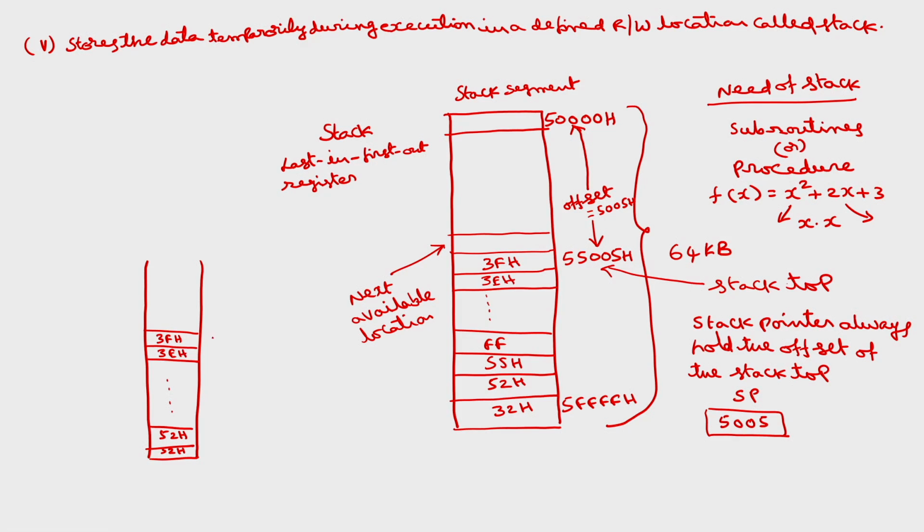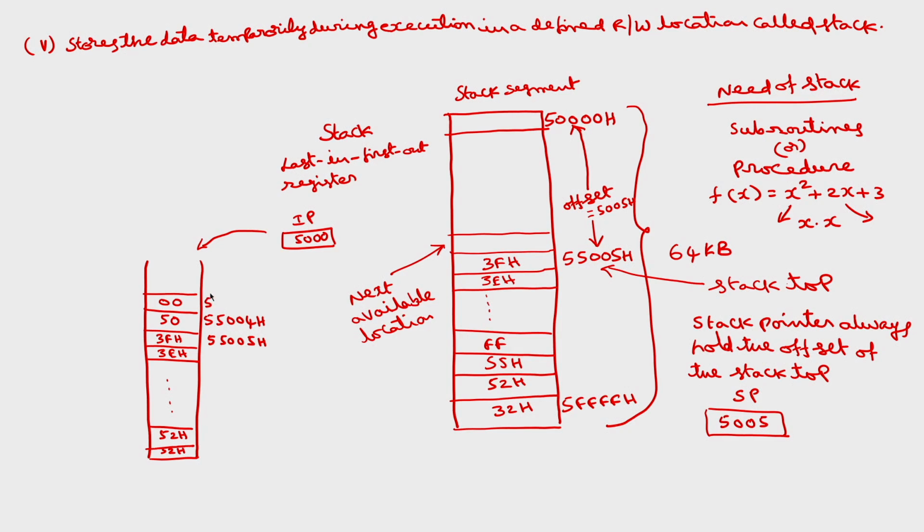Now the stack pointer will be at the stack top, 55005H. Once the call instruction to the subroutine is executed, what will be pushed is the contents of IP, which is 5000. The 50, the higher order 8 bits, will first be stored in the location 55004H, and then the lower order 8 bits, 00, will be stored here.